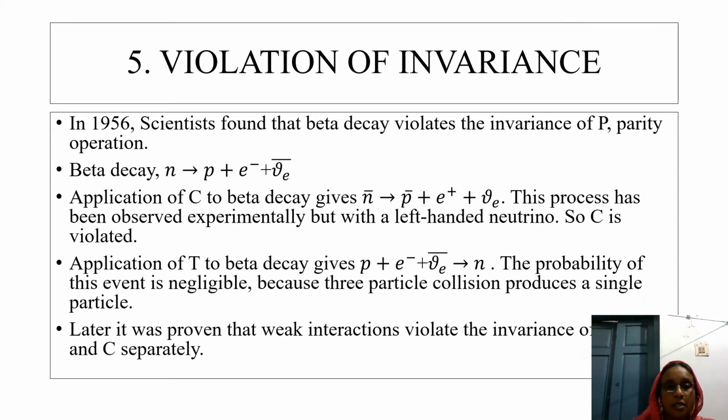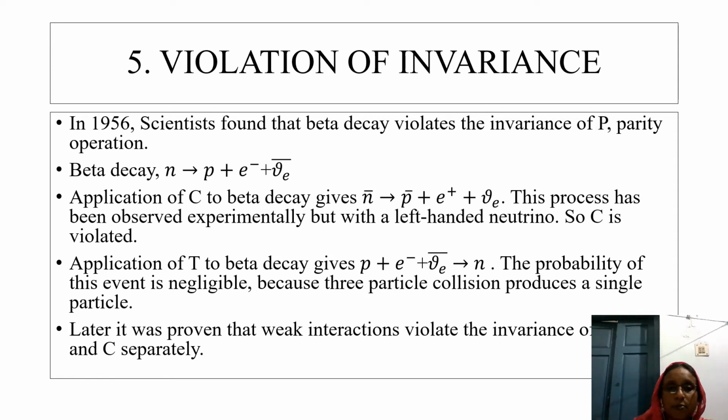That is the problem. Similarly, if the charge conjugation operator C acts on this beta decay, it transforms all the particles in this interaction into their antiparticles, such that we get the antiparticle of neutron, antiparticle of proton, positron, and electron neutrino.